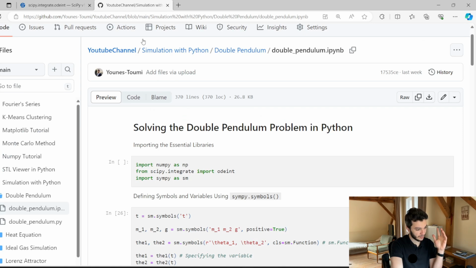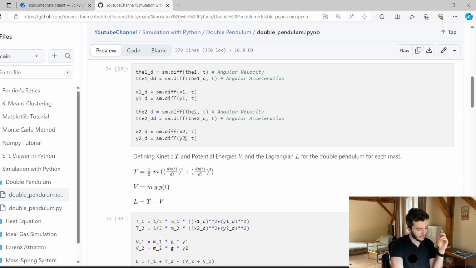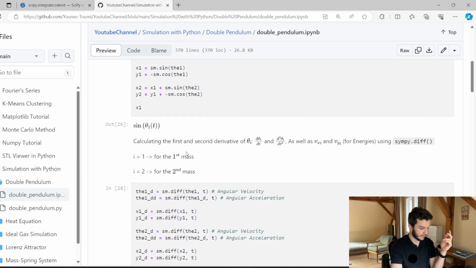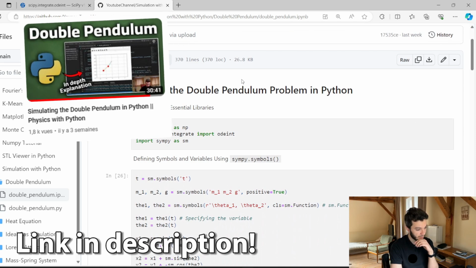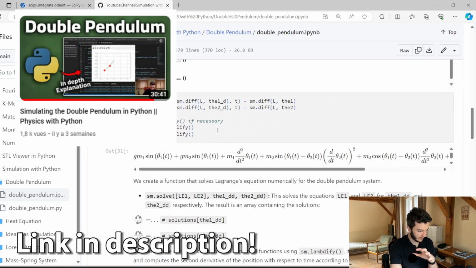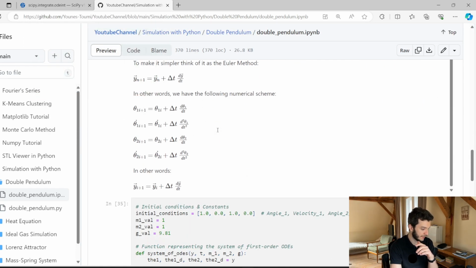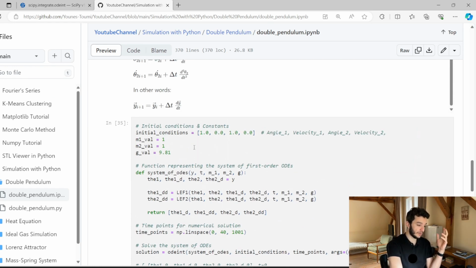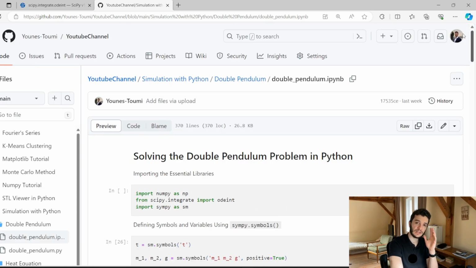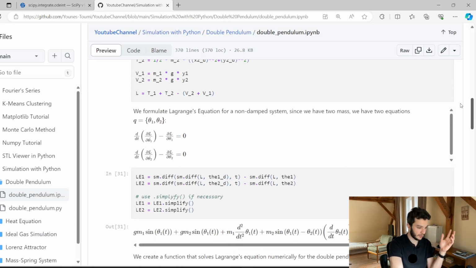Now the last thing I want to speak about is how to solve a system of ODEs. This is actually the whole heart of this function right here. I already dealt with a problem related to the double pendulum in Python. So basically, to gain some time, it's actually the same principle right here. So this is our function. Now if you have a system of ODEs, for example in the double pendulum problem, you have two equations.